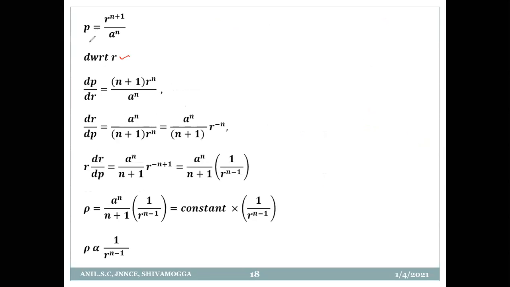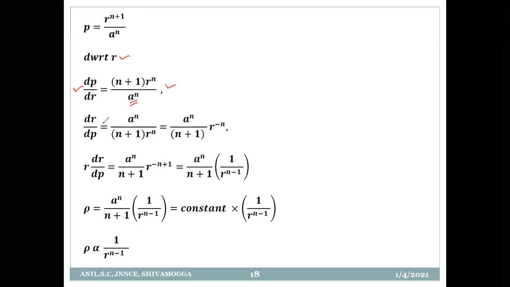Derivative of p with respect to r is dp/dr. Here 1/a^n is constant, we keep this constant as it is. Derivative of r^(n+1) with respect to r is (n+1) r^(n+1-1), that is r^n. And required is dr/dp.